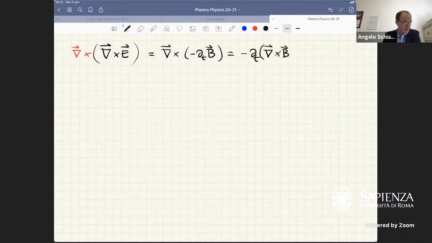And now we can plug in the curl of B, the second equation.